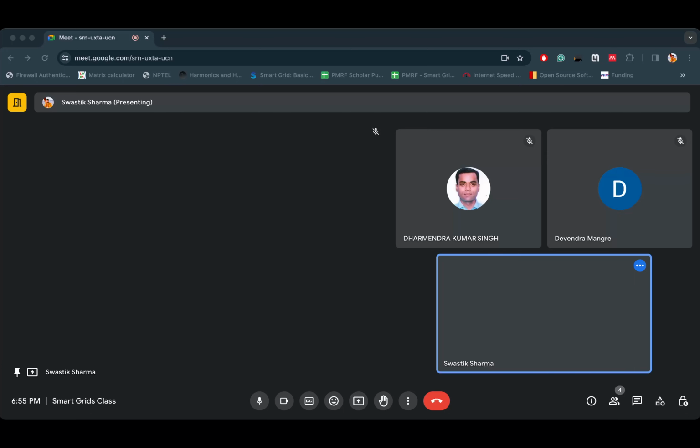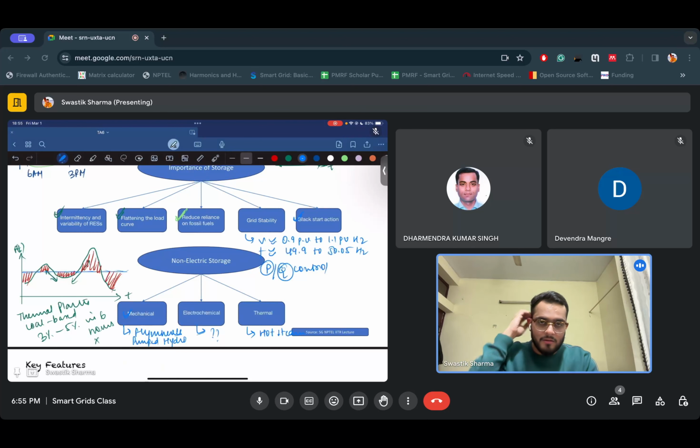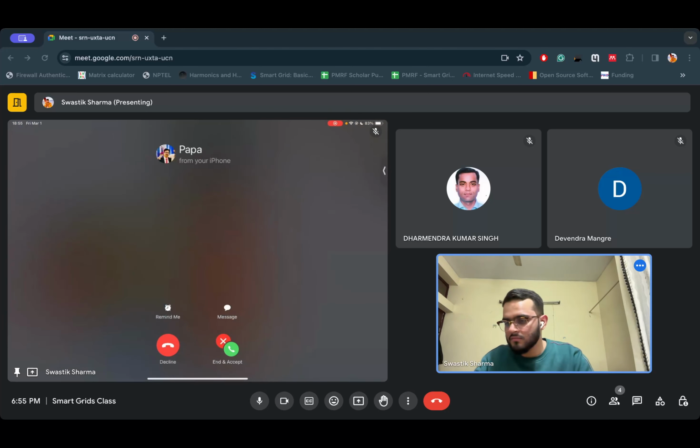So for thermal, we have hot steam based, right? So we can try and increase the temperature of water to a particular level, so that we require less amount of energy.